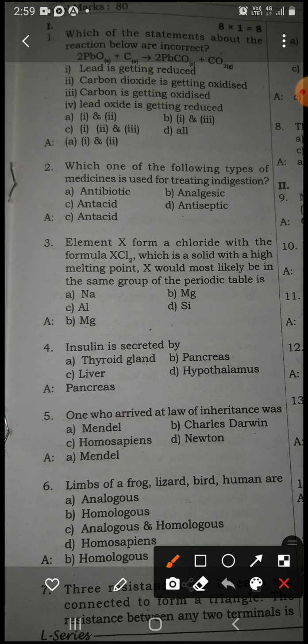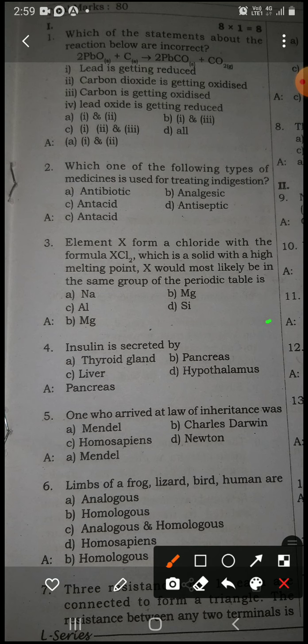And you can see here, children, how I could solve this. So what are the options which are given? Let's see. The first option is lead is getting reduced. The second option is carbon dioxide is getting oxidized. The third option is carbon getting oxidized.